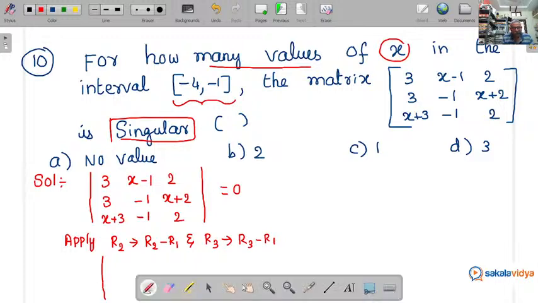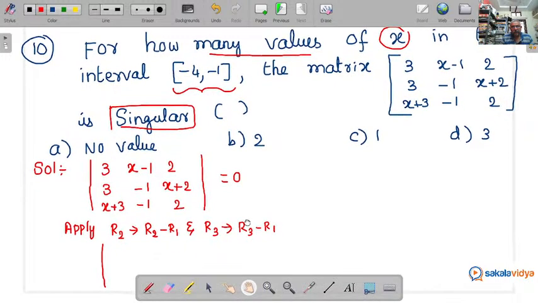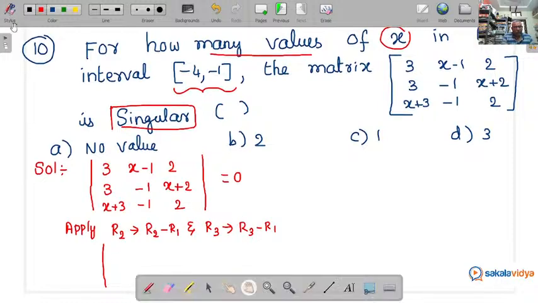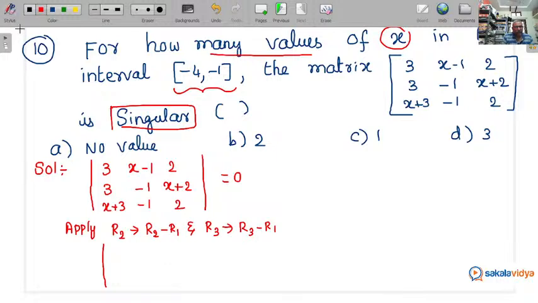Okay, wait. So let me write. R1 is constant, 3, x, minus 1, 2, without changing anything. Now R2 minus R1: 3 minus 3 is 0. Minus 1 minus x plus 1, minus 1 plus 1 cancel, this will be minus x. x plus 2 minus x, this will be 2. x plus 3 minus 3 is x.